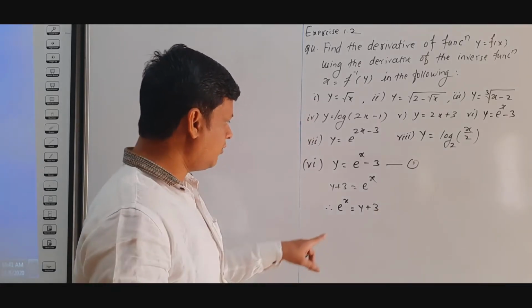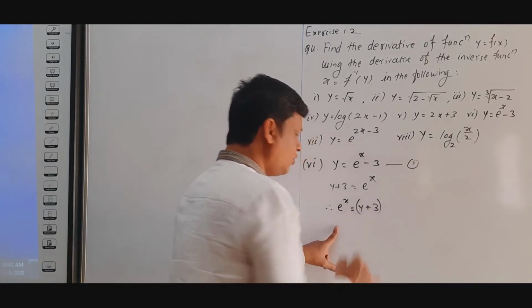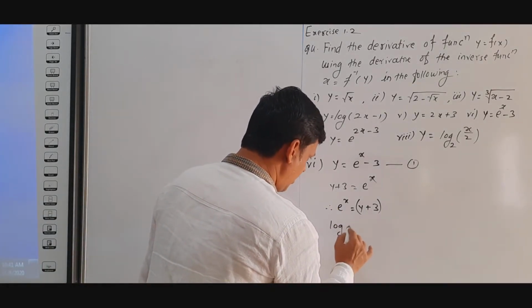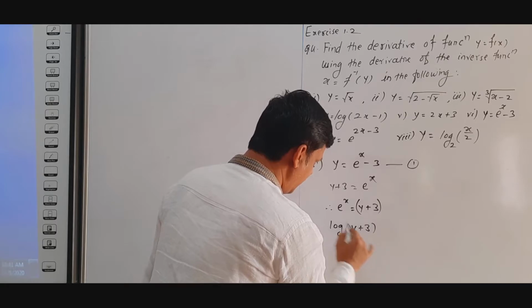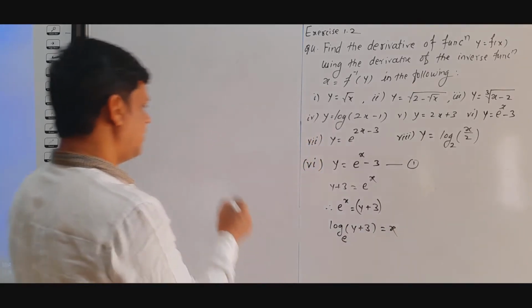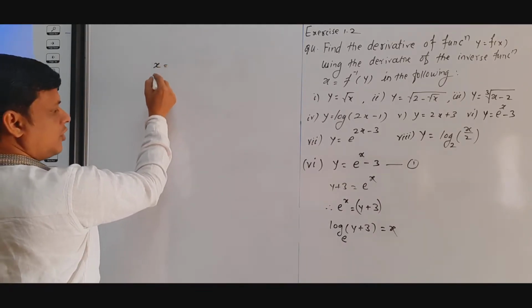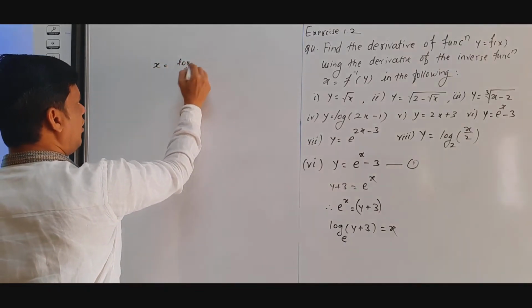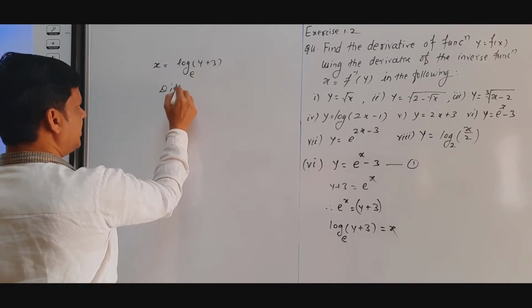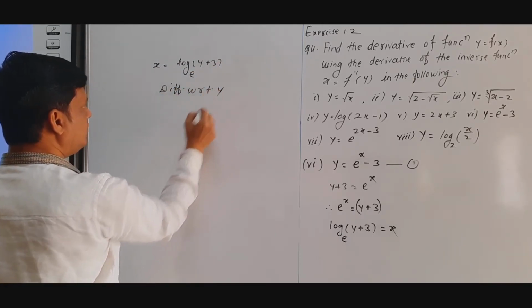Now we have to convert this exponential form to logarithmic form. So we write here log of y plus 3 to the base e is equal to x. So we get here x in terms of y as log of y plus 3 to the base e. Now differentiate with respect to y.